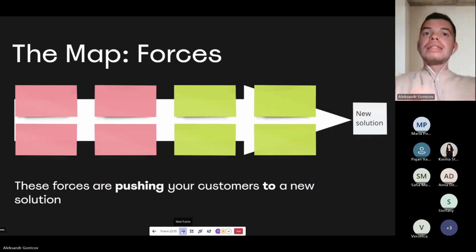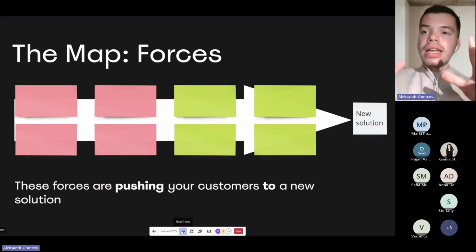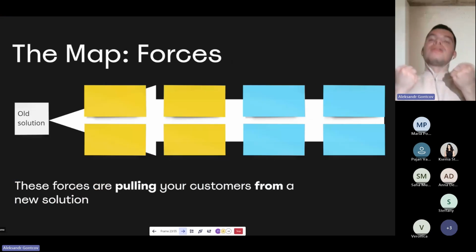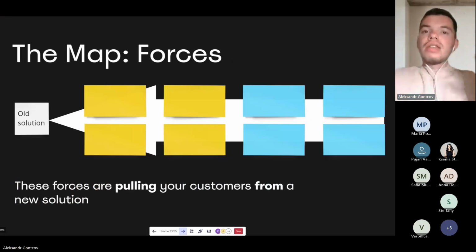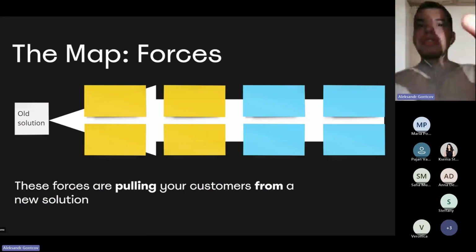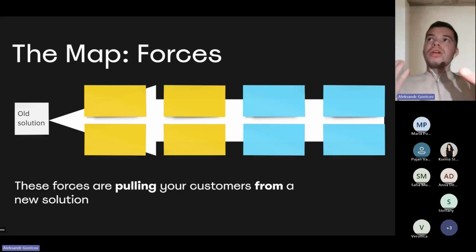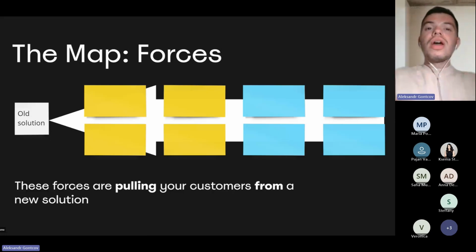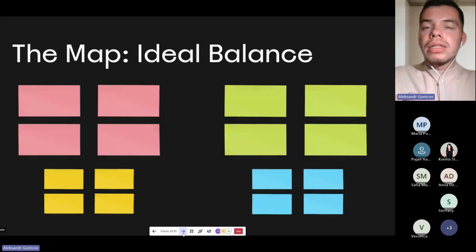Habits and fears and anxieties pull our customers from our solution. So it's like a two-way road. Some habits are pushing, some habits are pulling. So what you have to do is to actually achieve the balance.